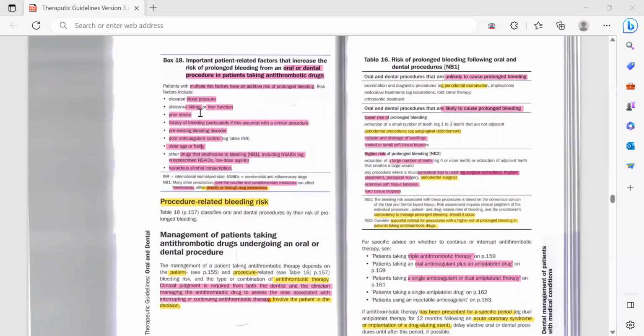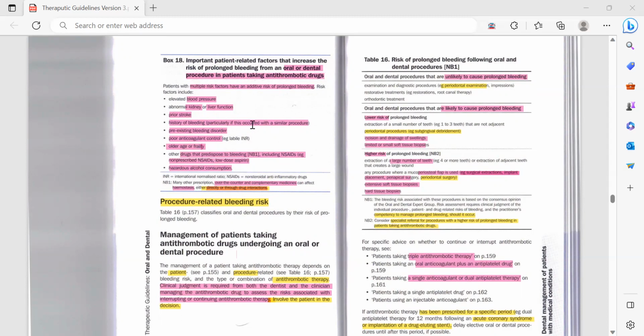Just make any mnemonic for it, or try any method that would help you in keeping these points in your mind, so that you can calculate how much risk your patient has if you want to proceed with any treatment. Okay, so the first point was hypertension, then kidney and liver function, prior history of stroke and history of bleeding, pre-existing bleeding disorder, poor anticoagulant control, old age, or he is taking any other drugs, or hazardous alcohol consumption.